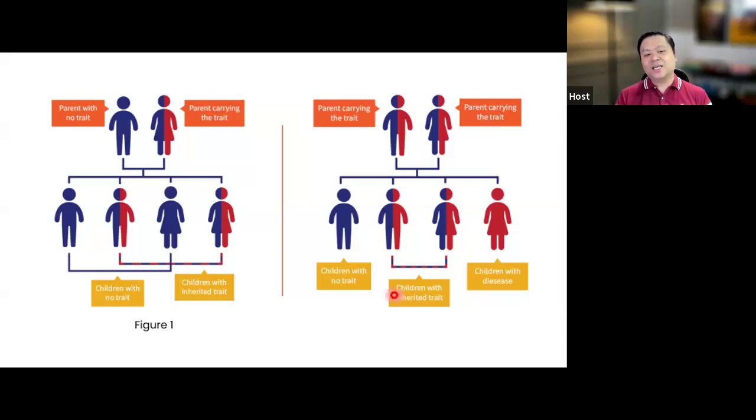Now, let's take a look into the first son here, wherein he inherited the non-defective gene from the father and the non-defective gene from the mother. So, of course, he doesn't have the sickle cell trait. However, when you're looking into the second son here, he inherited one of the defective genes coming from the mother, okay?